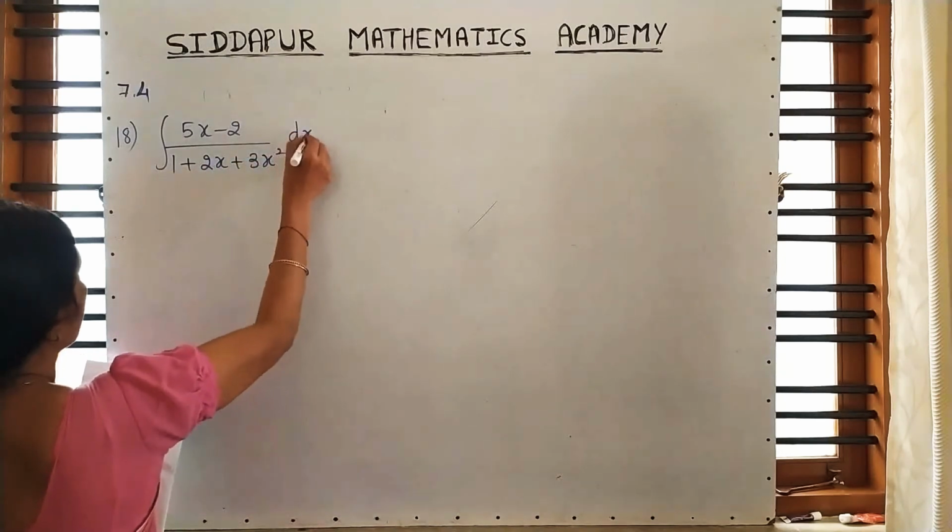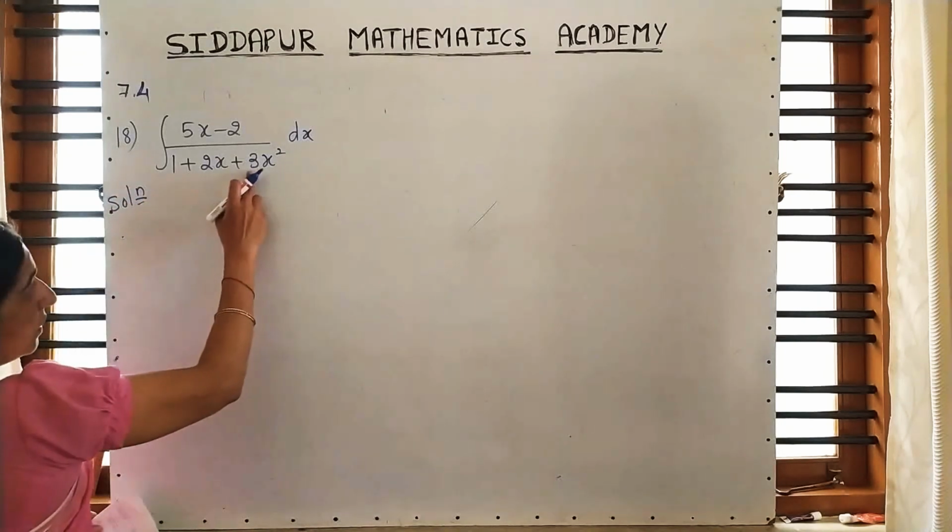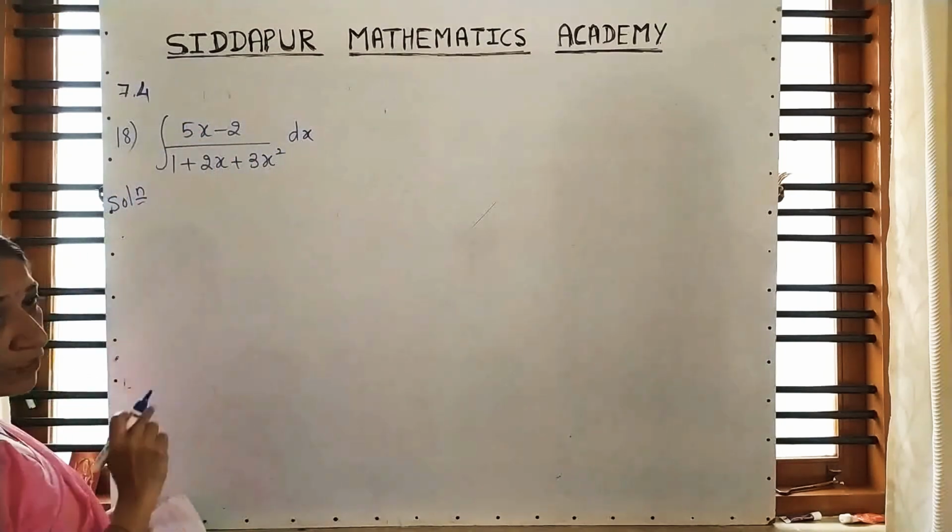Now check whether the differentiation of the denominator gives you the numerator or not. No, because differentiation of 3x² is 6x, but we have a 5x.